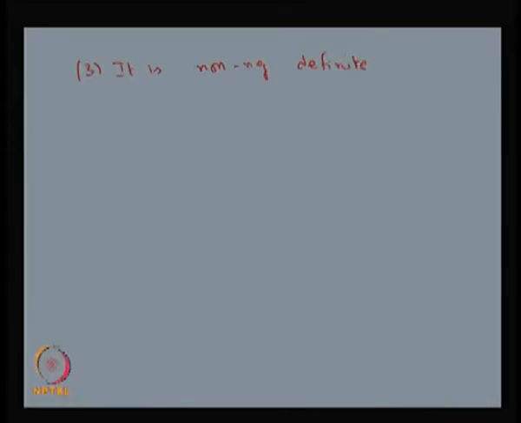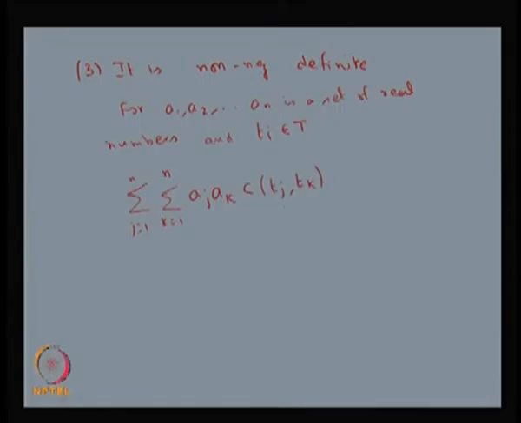That means for a1, a2, ..., an, a set of real numbers, and if you take t_j's belonging to capital T, and if you find this double summation, j running from 1 to n and k running from 1 to n, of a_j and a_k, these real numbers, with the covariance function of t_j comma t_k, that double summation is nothing but the expectation of the summation of a_j's X of t_j's whole square.